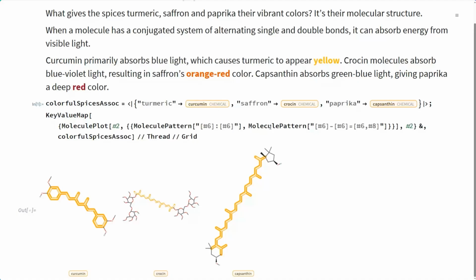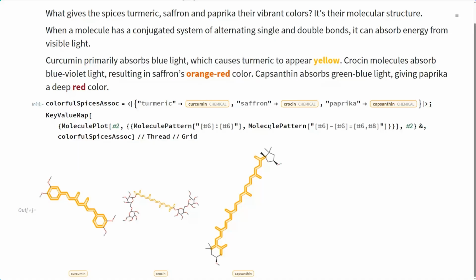Crocin molecules absorb blue-violet light, so that's why saffron has that orange-red color, and saffron is the most expensive spice in the world, by the way. And finally, capsanthin absorbs green-blue light, and that's the molecule that gives paprika that deep red color.